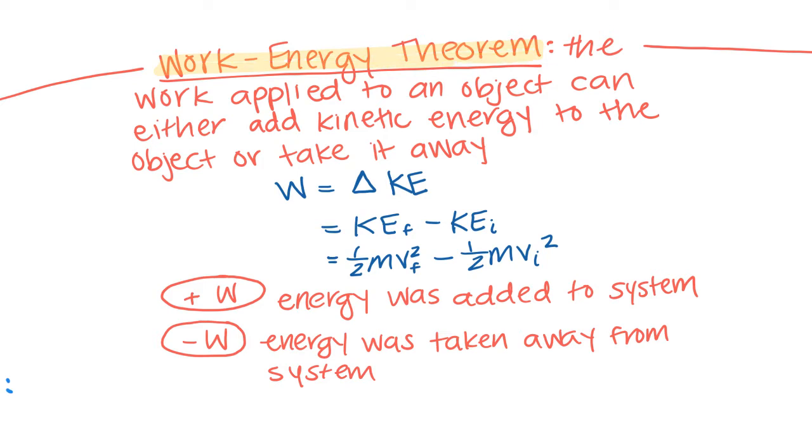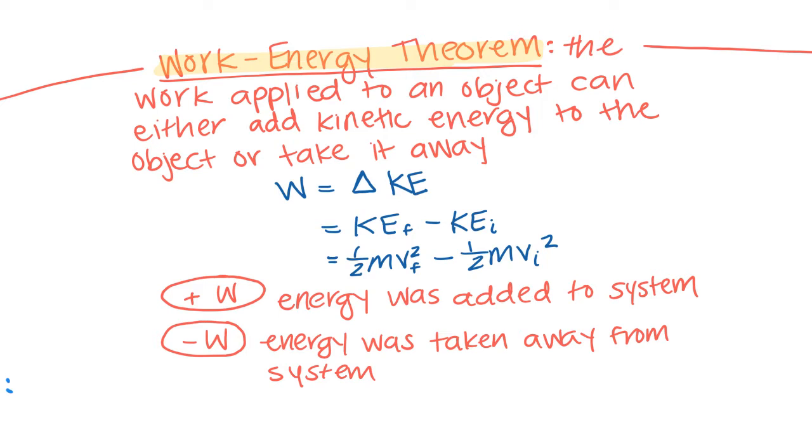Our work-energy theorem states that the work applied to an object can either add kinetic energy to the object or take it away. So if you were adding kinetic energy or taking away, let me just be very clear. That kinetic energy isn't just disappearing. It's just being transferred to a different object. So kinetic energy is being transferred between 2 objects.